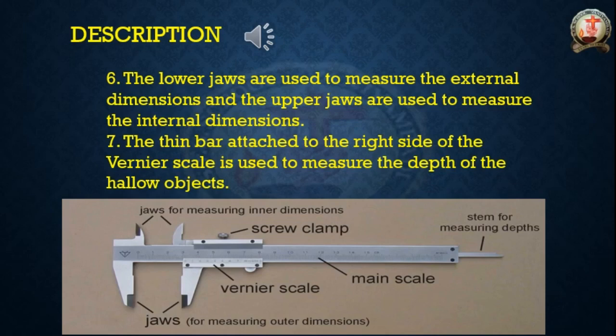Then the seventh point: the thin bar attached to the right side of the vernier scale is used to measure the depth of a hollow object. Please all of you see the figure: at the right side end of the vernier scale you can see the stem for measuring depths. What is the name of that part? Stem for measuring depths.